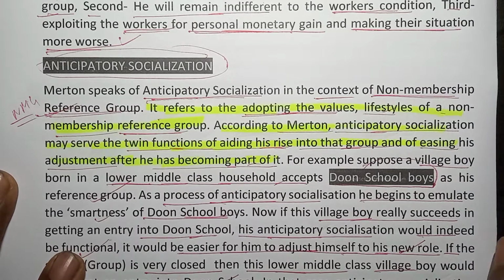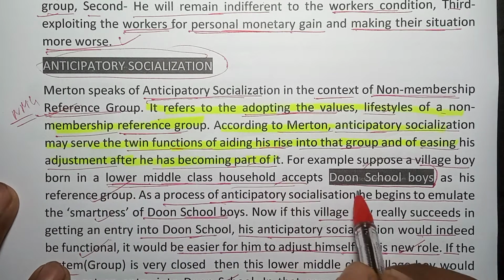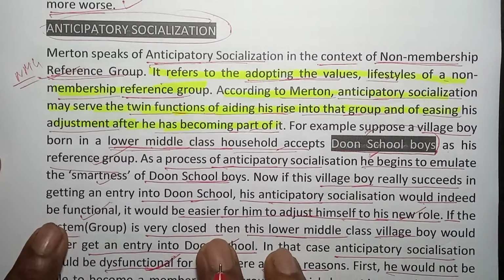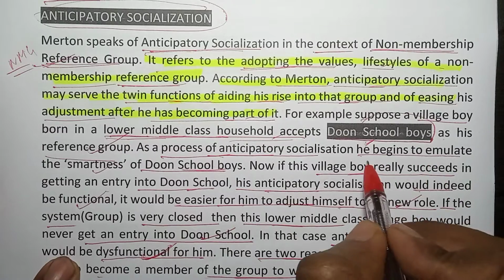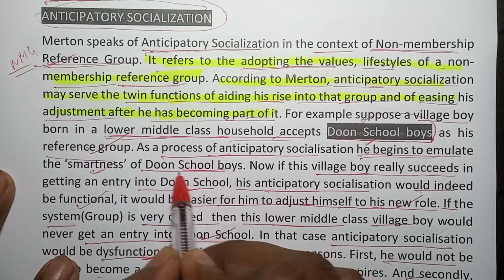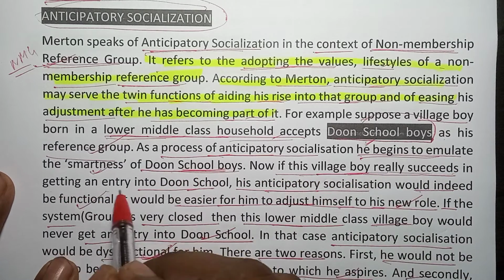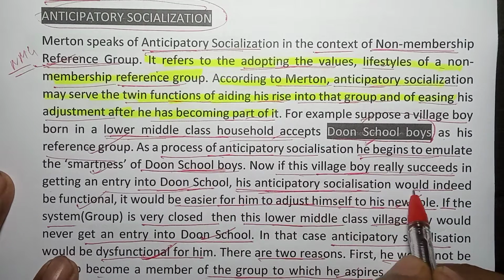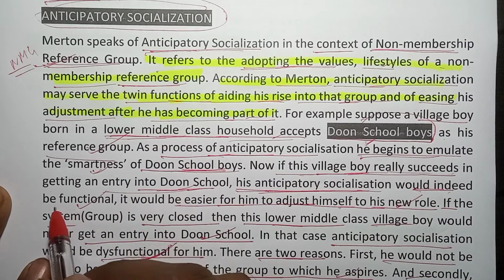For example, suppose a village boy born in a lower middle class household accepts Doon school boys as his reference group. As a process of anticipatory socialization, he begins to emulate the smartness of Doon school boys. Now, if this village boy really succeeds in getting an entry into Doon school, his anticipatory socialization would indeed be functional.